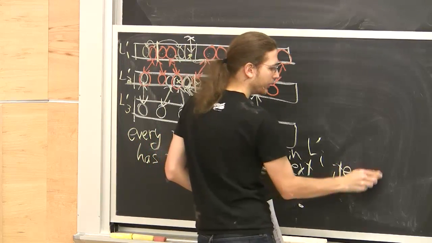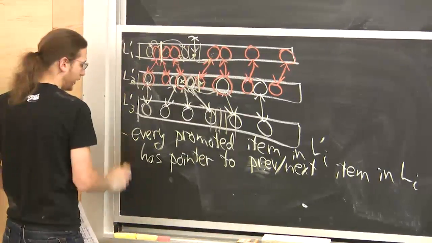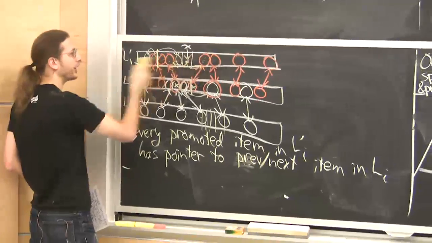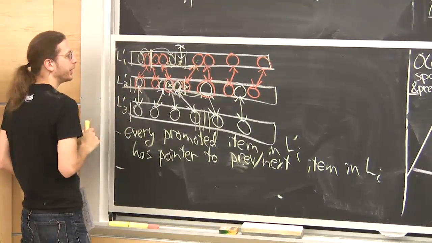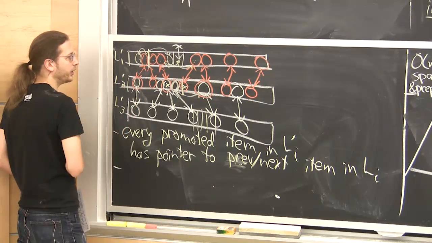So that's an item in Li. Okay, that's 2 pointers. And well, that's what we just used. So I found where I was among the entire L1 prime, which is almost like a global search, not quite. And then I follow these pointers to figure out where it was in the original L1.